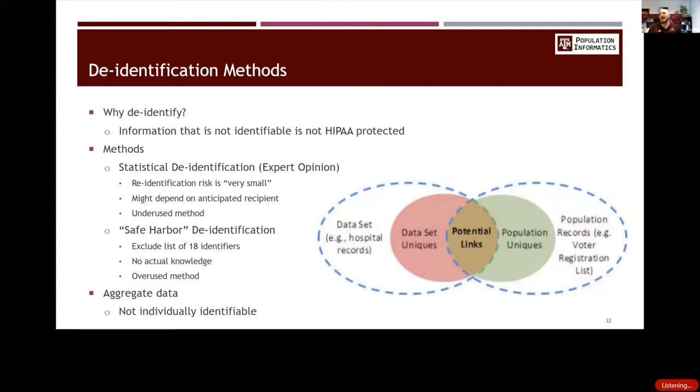And then as a matter of law, that data is de-identified as long as you have no actual knowledge that somebody could be identified in that data set. The other method that I'll only talk about briefly is if you aggregate data at a sufficient level, then that data is not going to be individually identifiable because it's been aggregated.